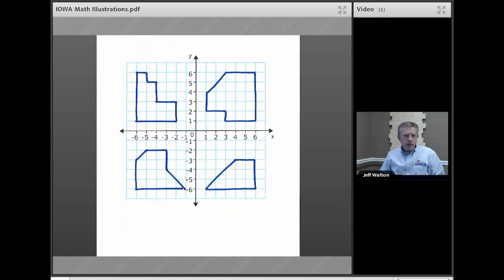This page is illustrations of irregular figures on graph paper. So these are the kinds of problem solving that you could have kids do at the beginning of a class. Maybe award a bonus point for a correct answer, or award a piece of candy for a correct answer in a certain period of time.